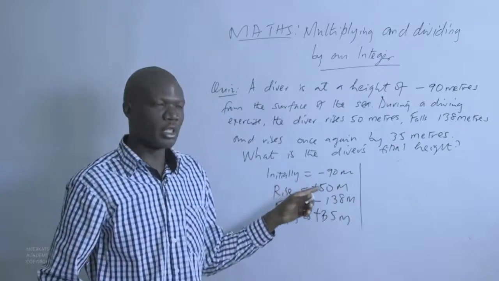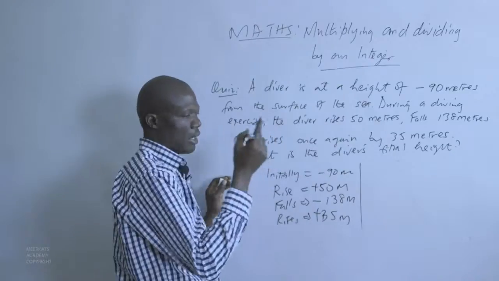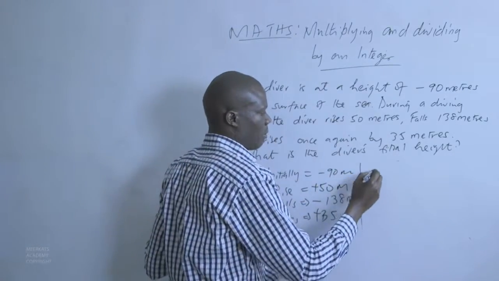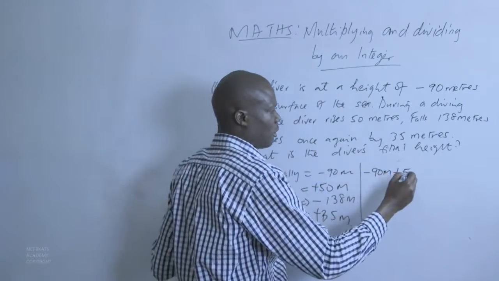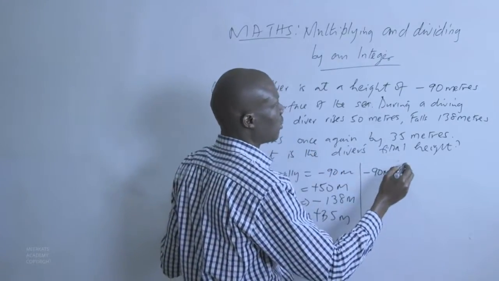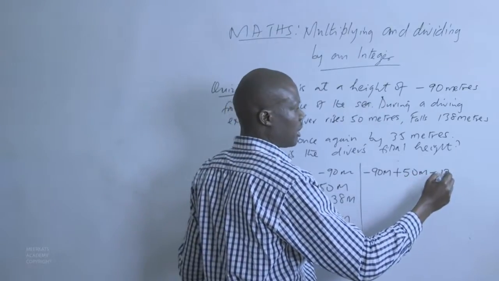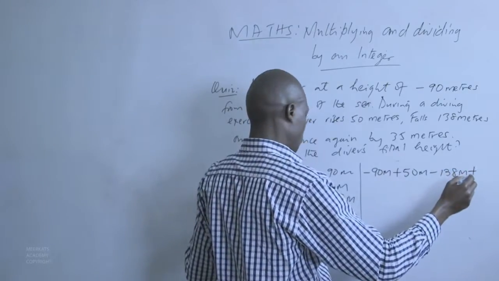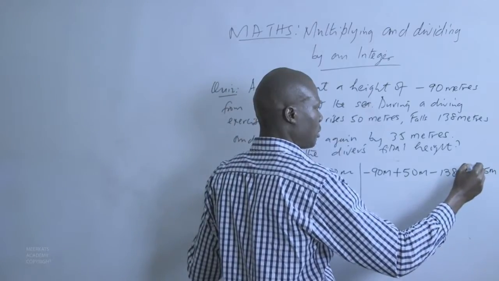Having noticed this, we can agree that the final position of the diver will be minus 90 meters plus 50 meters minus 138 meters and then plus 35 meters.